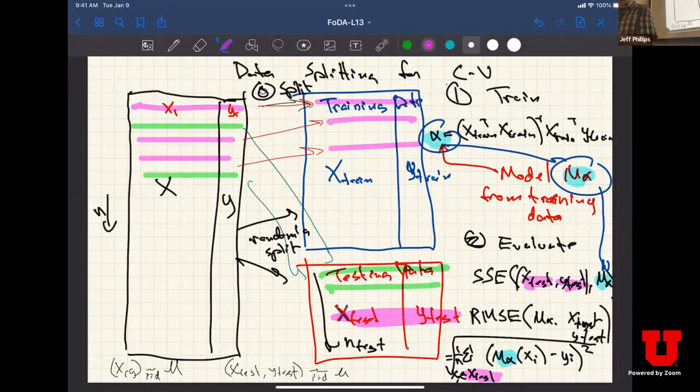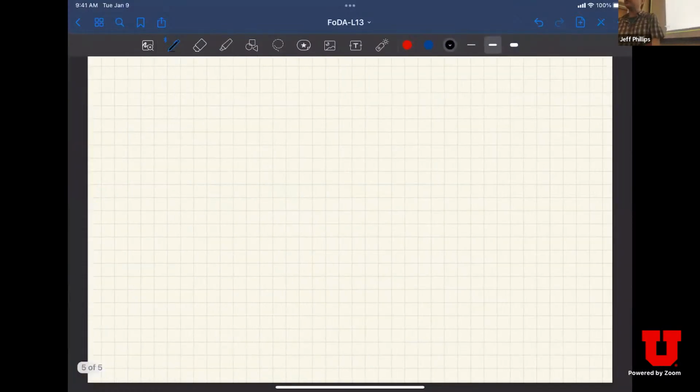One thing we haven't really talked about is, I think I've probably conflated two things here, and that's, when I evaluate, what is it that I'm using this evaluation for? Okay, so this is the procedure: split, train, and then evaluate.